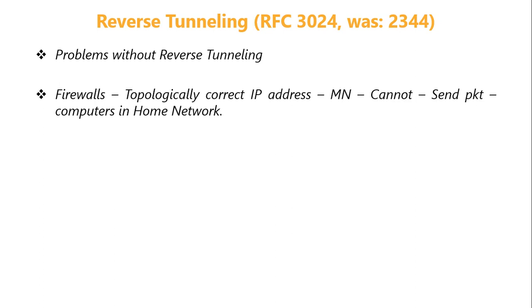So the firewall basically provides a simple protection to the intranet. Now this firewall is also one of the reasons why reverse tunneling cannot be avoided.